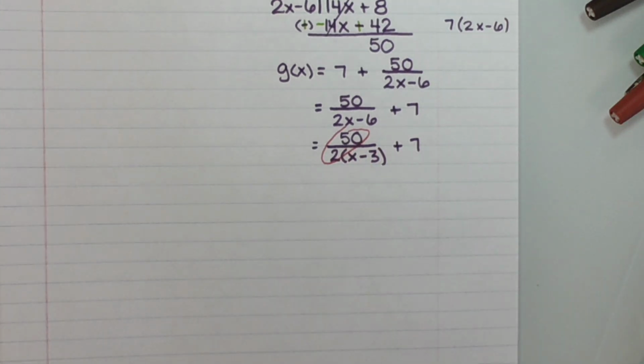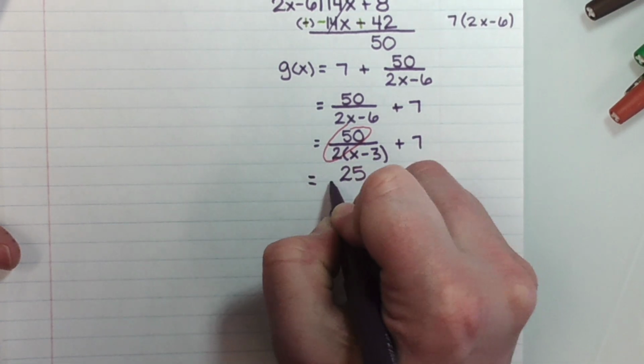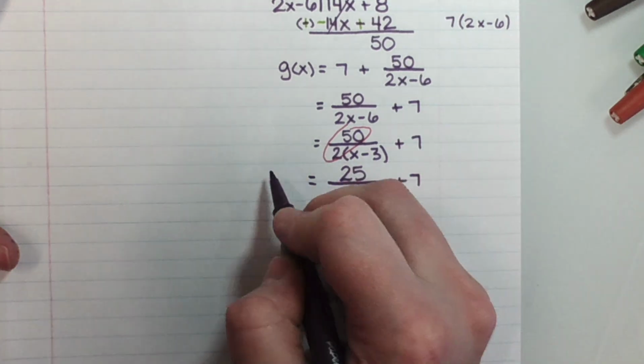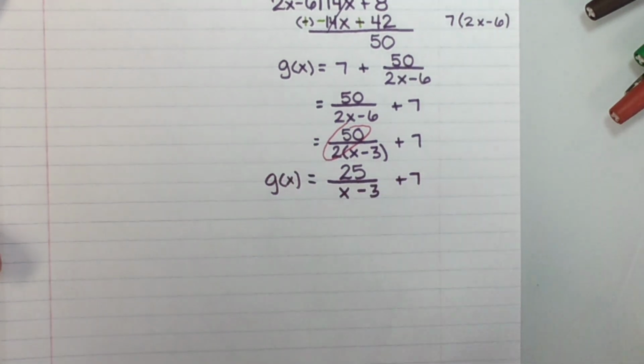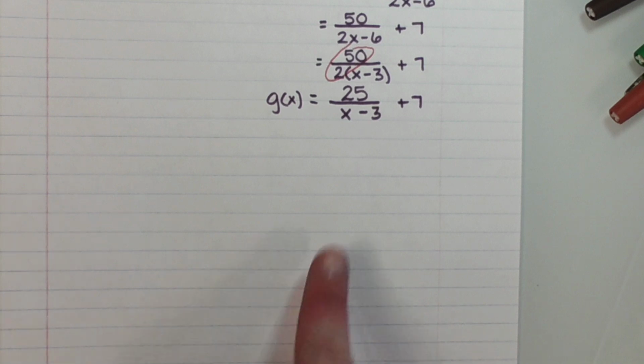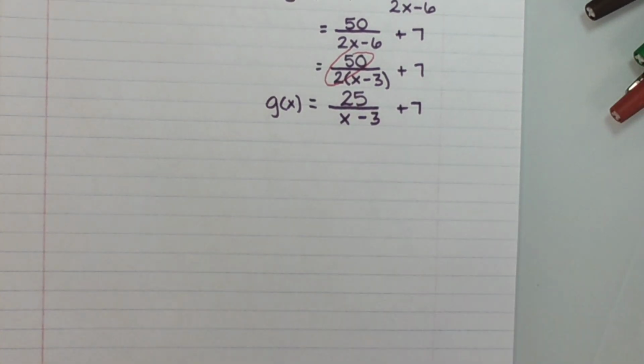And do this. What is 50 divided by 2? 25. 25 over x minus 3 plus 7. That is asymptote form. Oftentimes you will not need to do this last step. The long division will be enough, or the synthetic division if you could do synthetic, but sometimes it won't be.